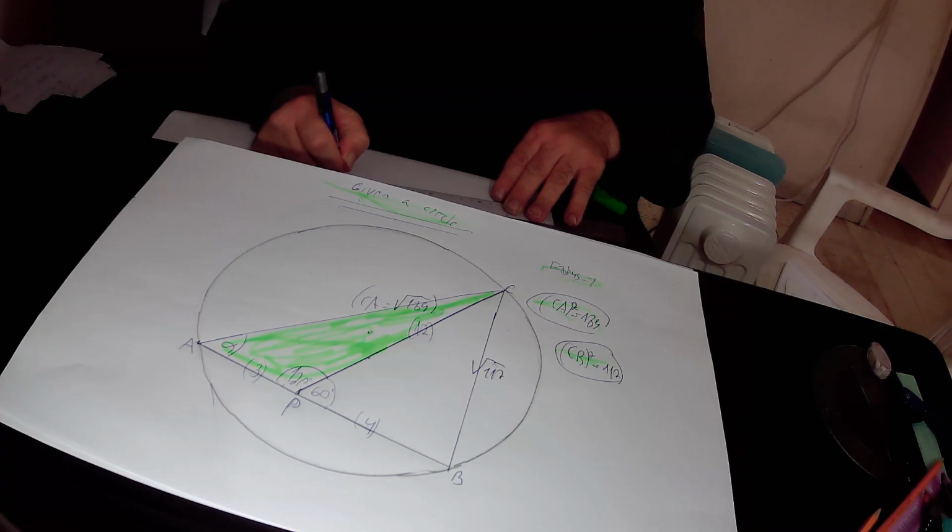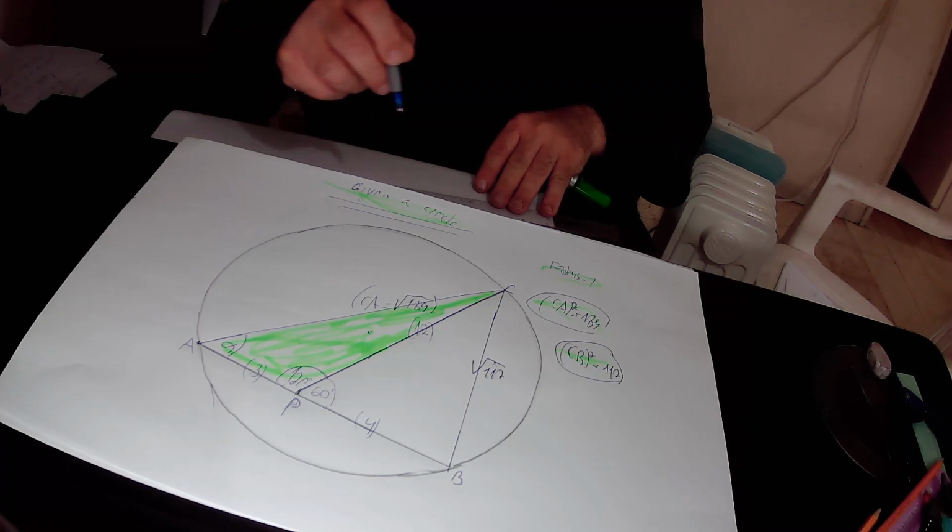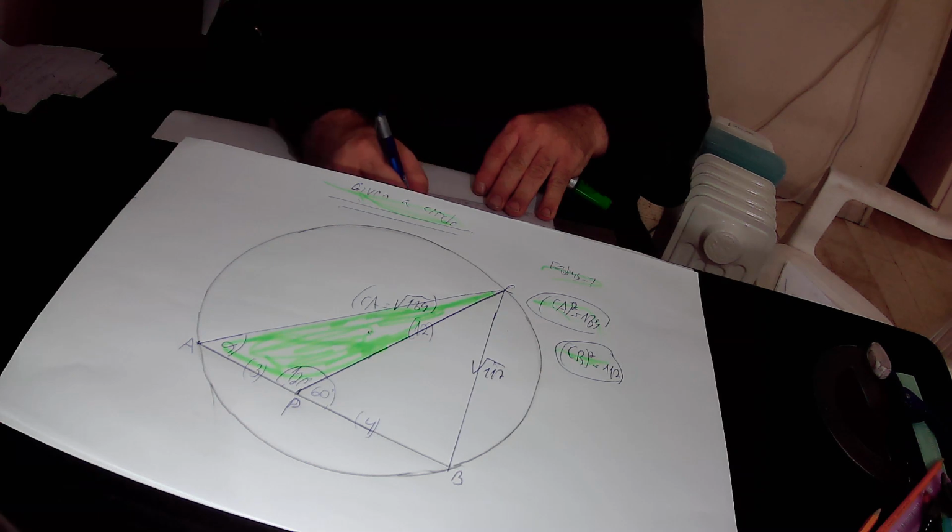But again, in this big triangle ABC, according to the law of cosines, the following equation is true.